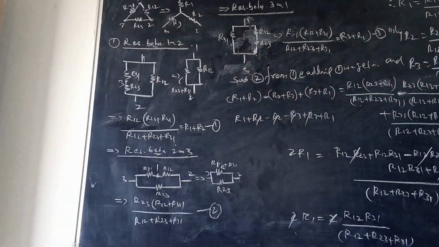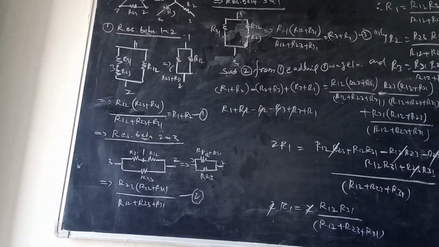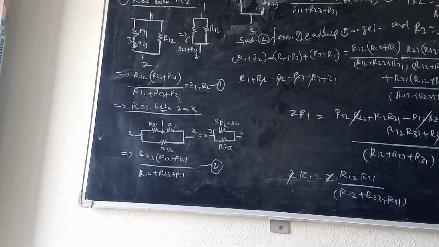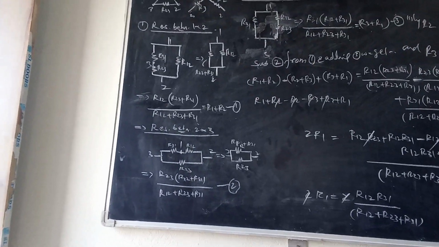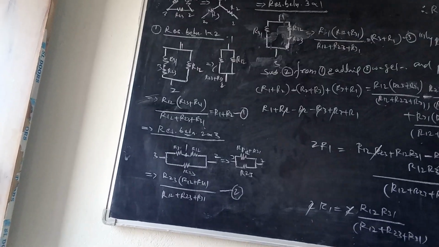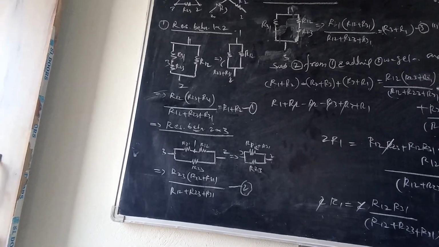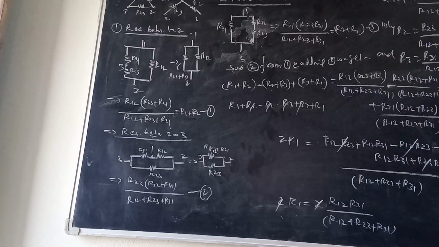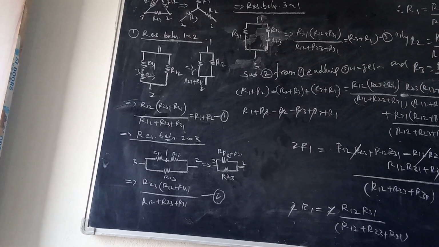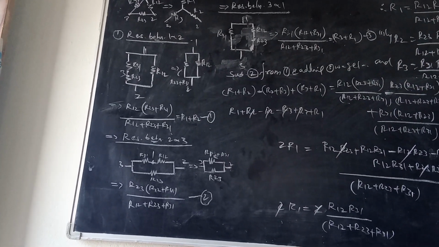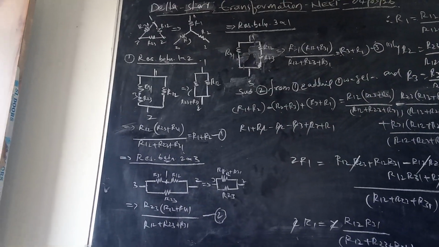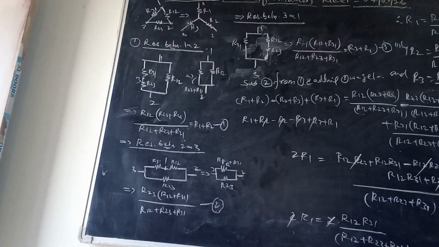Similarly, for the resistance between the points 2 and 3, you stretch the points 2 and 3, you will get R12 and R31 in series, and R23 will be in parallel. Again R12 and R31 are added together, and R23 will be in parallel to the sum of both.